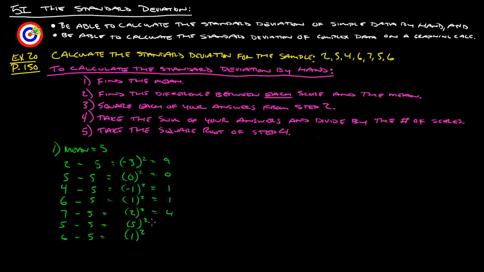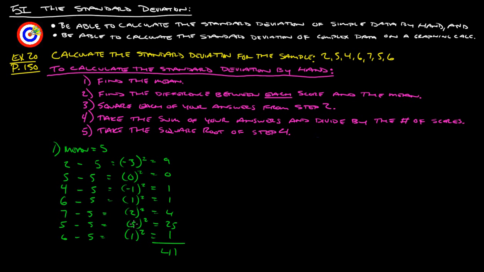This is 1, 1, 4, 25, and 1. So we squared each of our answers from step 2, so we're already done with the first 3. Take the sum of all our answers. So we've got to add all these up: 9, 10, 11, 15, 25, 35, 41. So we get a grand total of 41.